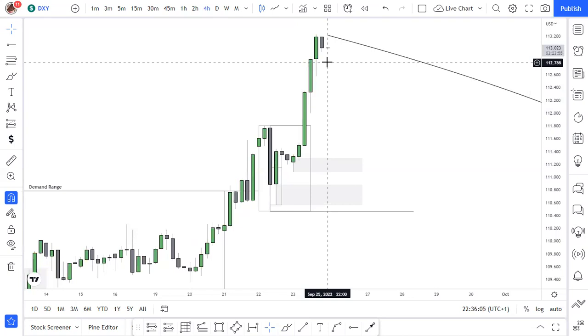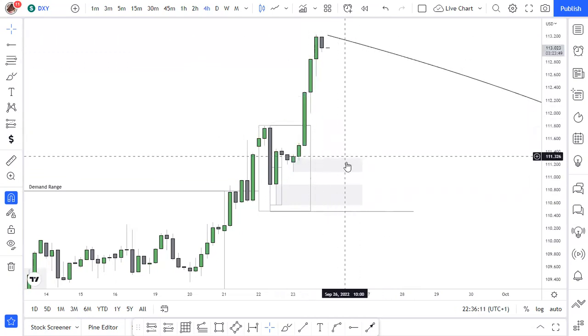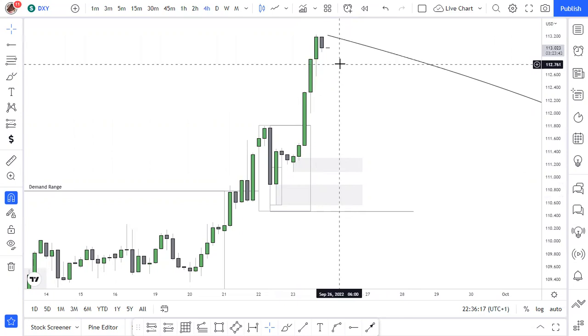So for us to maybe take sales from up here to target some of these demand zones, we need to study what's happening on the 15 minutes. I want to study the structure on the 15-minute time frame and see how it aligns with our higher time frame idea.